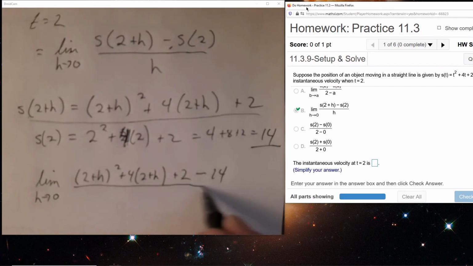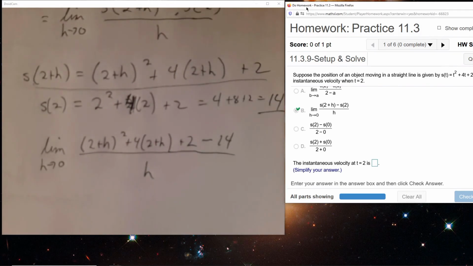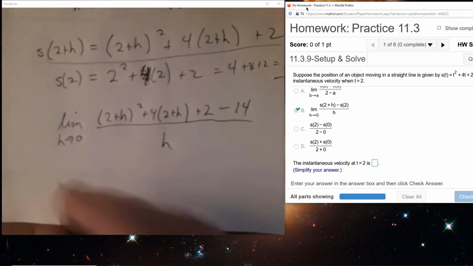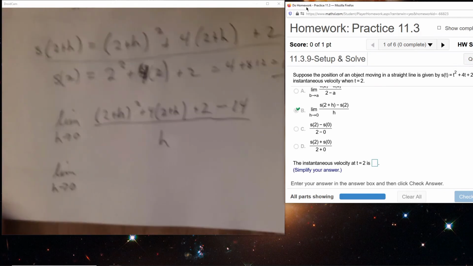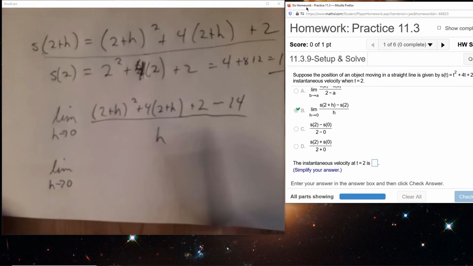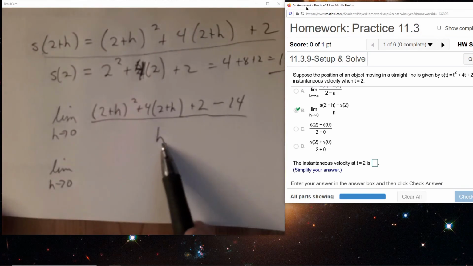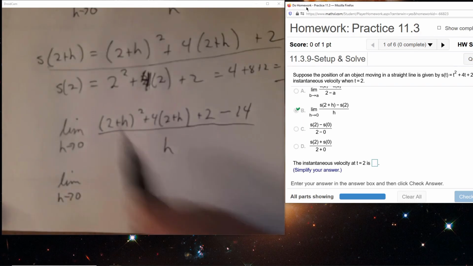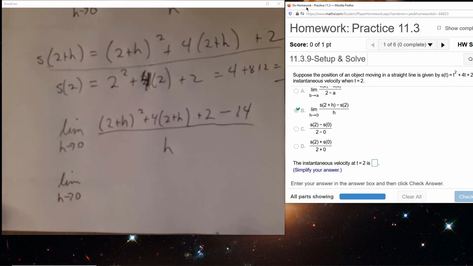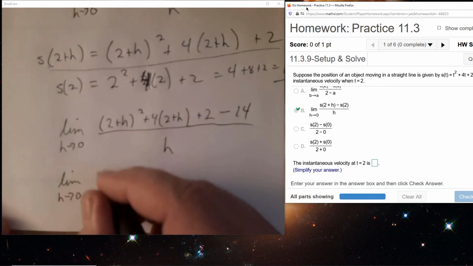And that's all divided by h. So let's distribute all of this stuff out and gather like terms. Remember, our goal here is to always get rid of this h in the denominator. So just factoring or distributing out the numerator here.